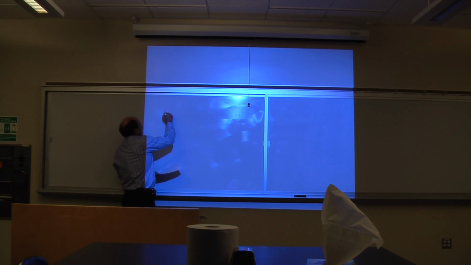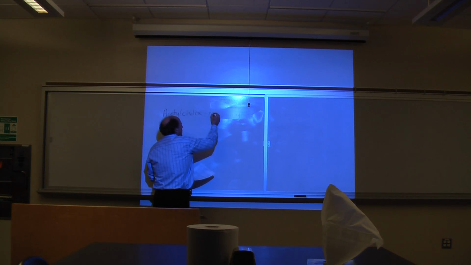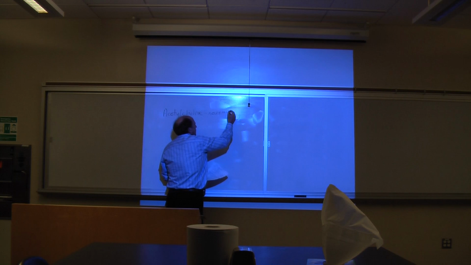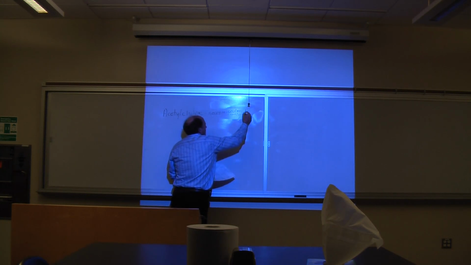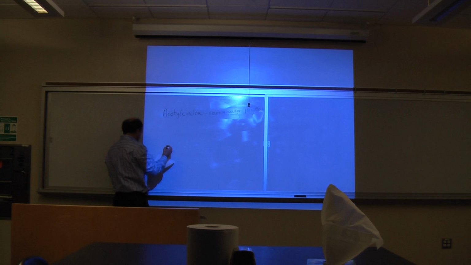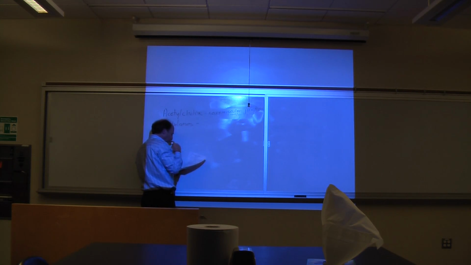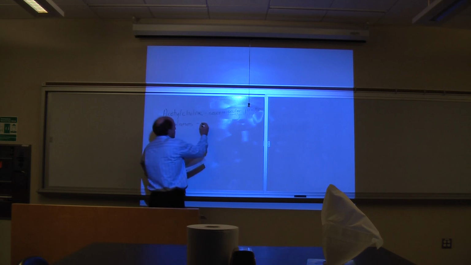So we have things like acetylcholine, and that's used at neuromuscular junctions. You also have catecholamines, and an example of that is epinephrine or adrenaline.